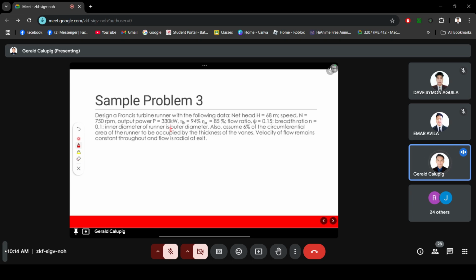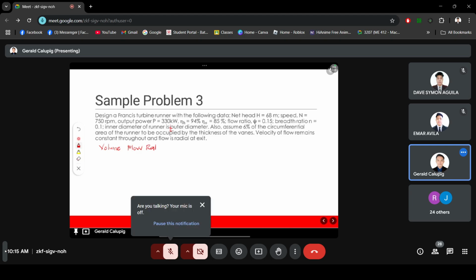First we need to solve the value of Q, or the volume flow rate. Okay. So the value of Q, volume flow rate, or Q, right?